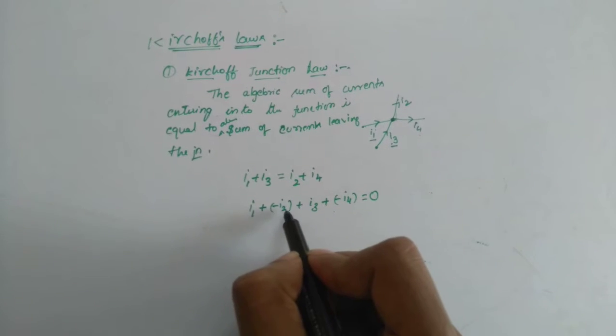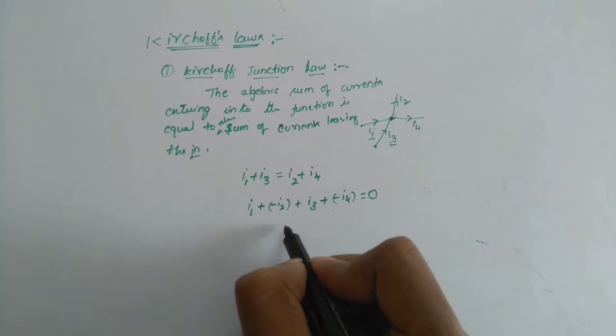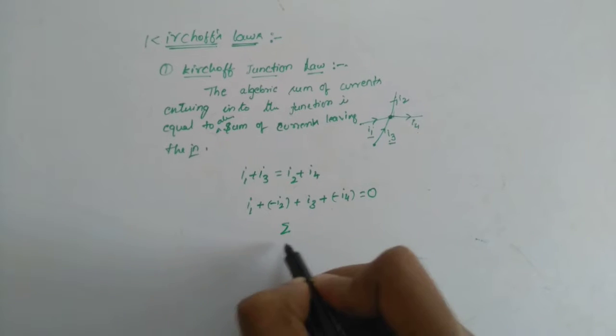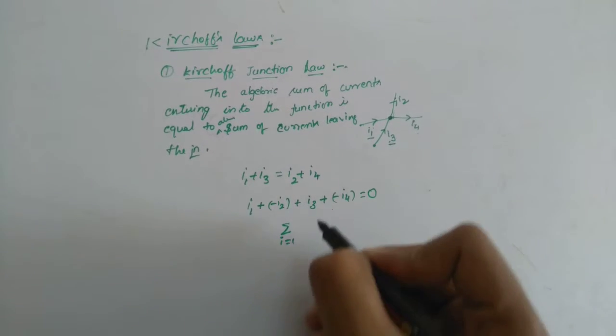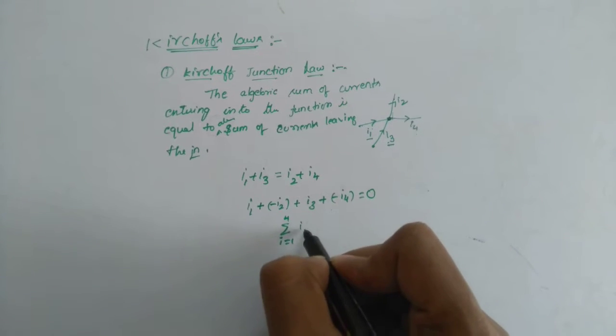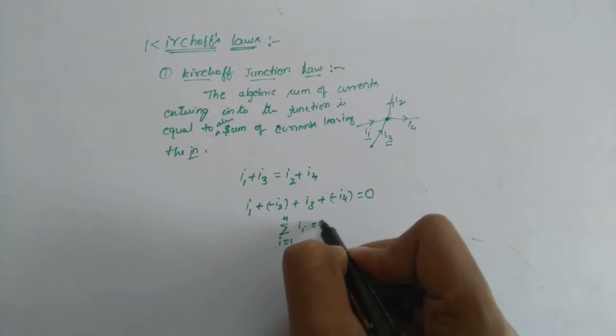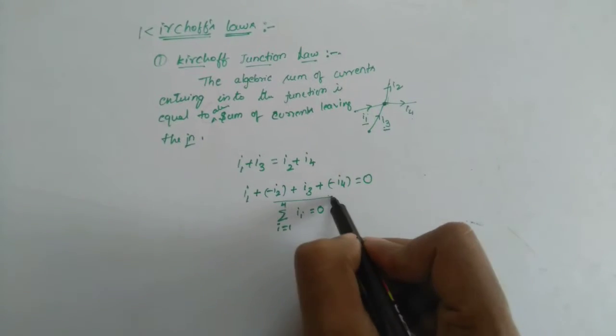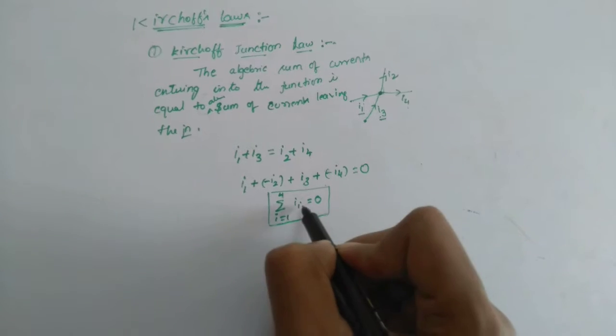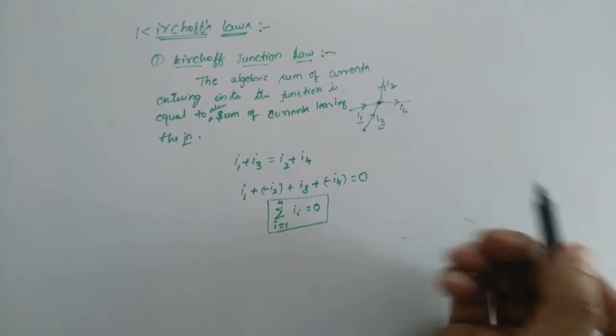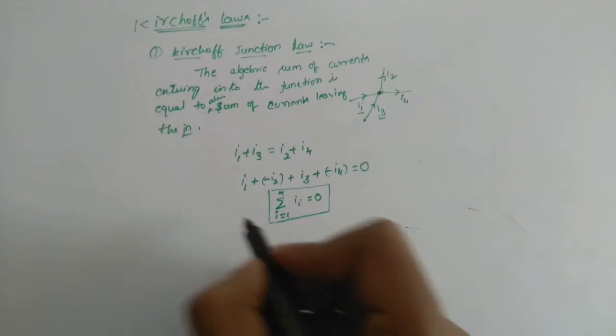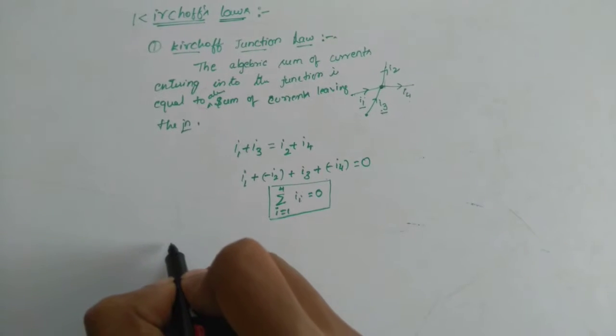So it looks like the algebraic sum of currents. Therefore this can be simply written as sigma I, with i from 1 to 4, is equal to 0. From this expression we can say that the algebraic sum of currents is equal to 0. So this is about Kirchoff first law.